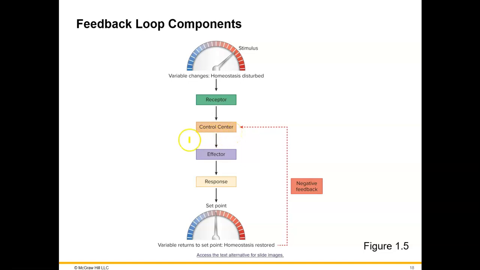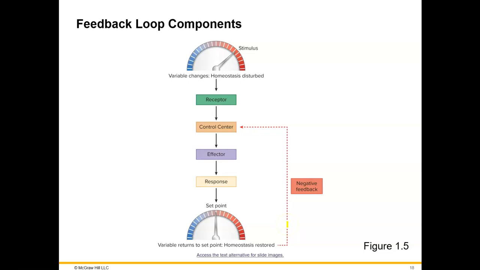So then the control center will send a signal to an effector, and the effector will cause a response that gets the variable back closer to the set point. And what you're looking at here is called negative feedback. This is a negative feedback loop.